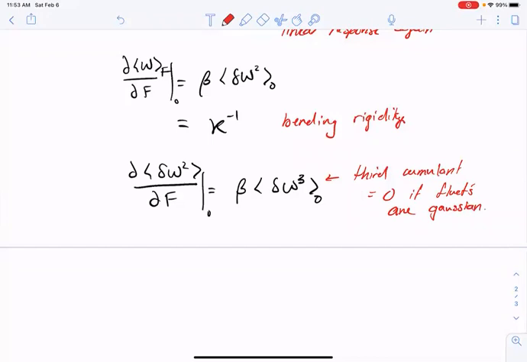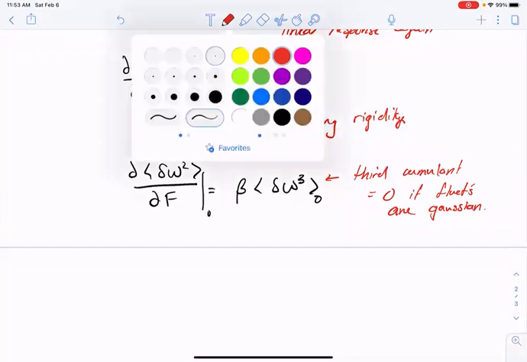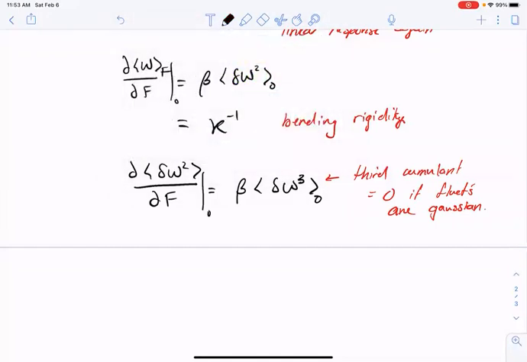The Gaussian is characterized by a mean and a variance only, has no third cumulant. So to the extent that fluctuations are Gaussian, the bending rigidity is independent of the force. That is just a very fancy way of saying that in our initial harmonic oscillator, independent of how hard we push on that oscillator, its curvature doesn't change. The scale of its fluctuations don't change.